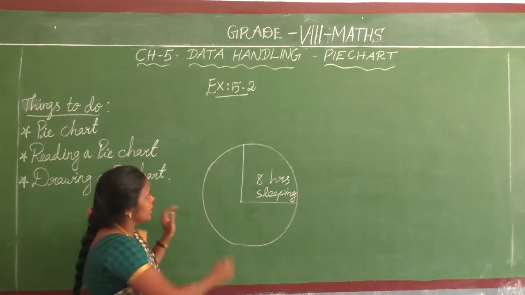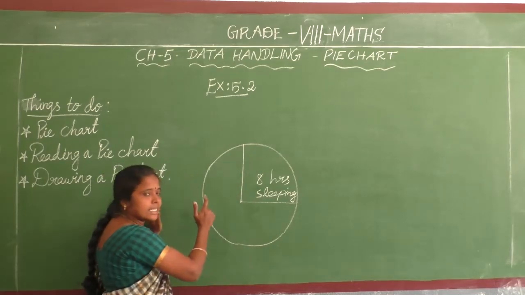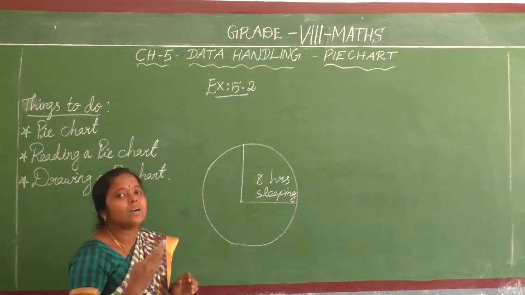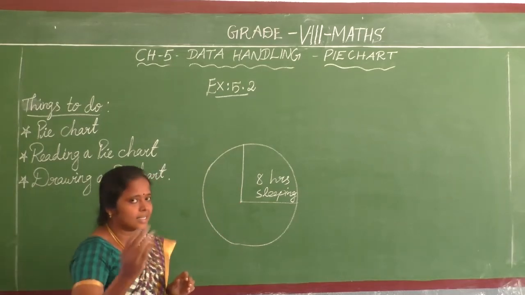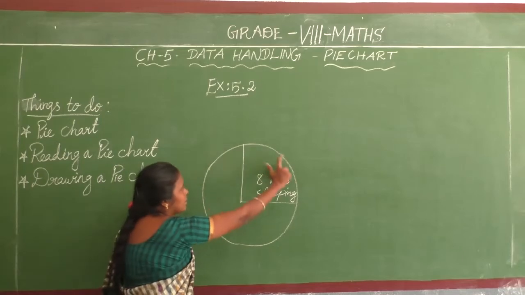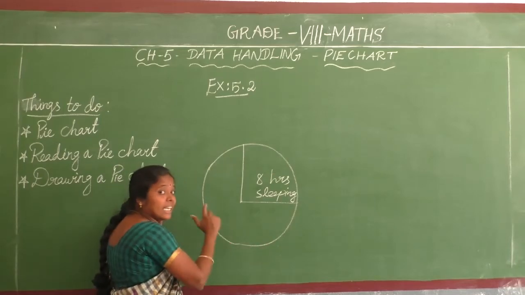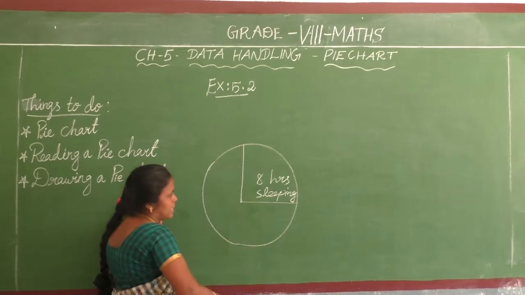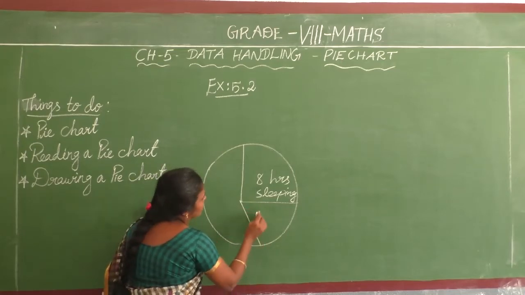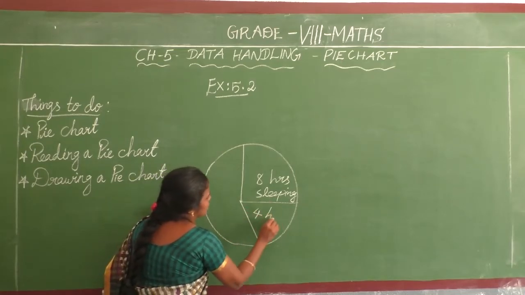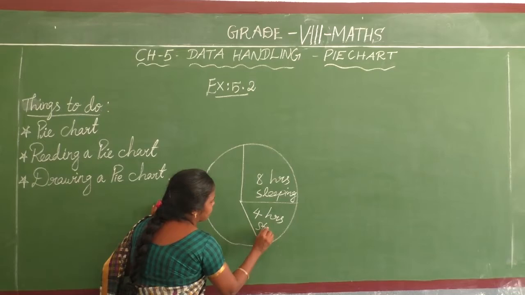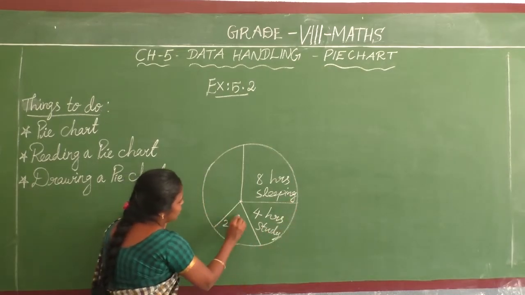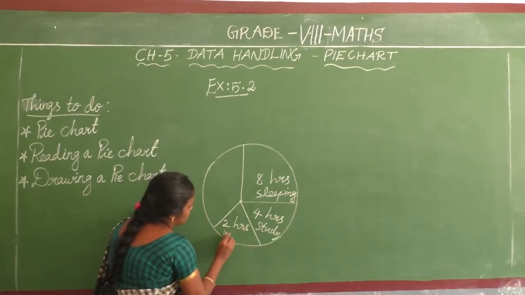Here the whole circle is cut into sectors. Sectors are nothing but components. The circular graph represents the relation between the whole circle and its parts. Here, 4 hours for study, 2 hours watching TV.